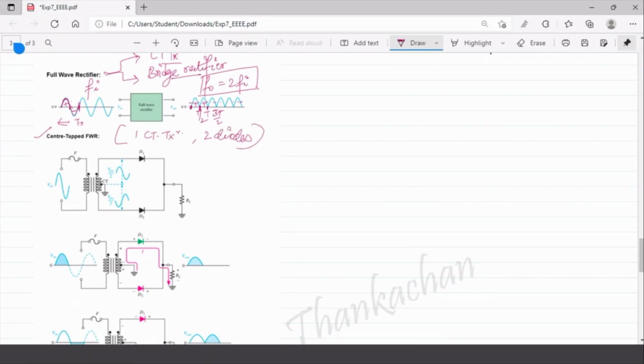So you can see here, this is how it is connected. The primary is connected to the supply voltage, a sinusoidal voltage, and the secondary is connected to 2 diodes in this particular fashion, where the secondary is a center tapped secondary. What do you mean by center tap?